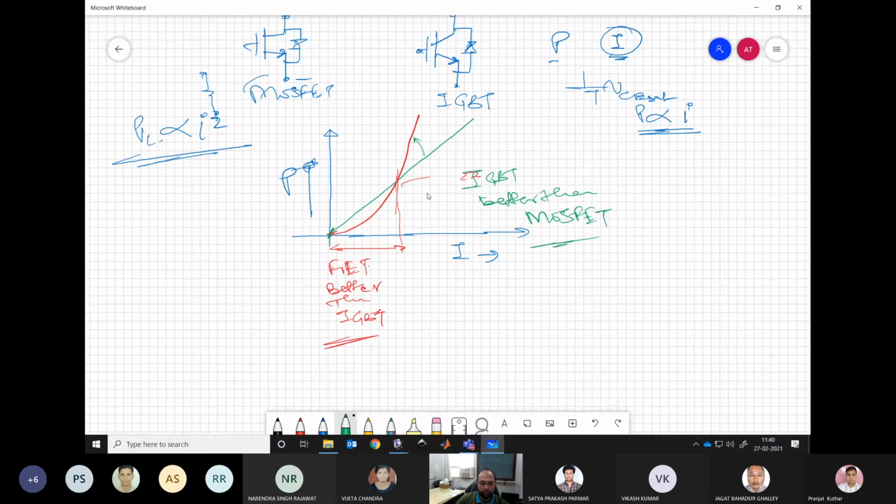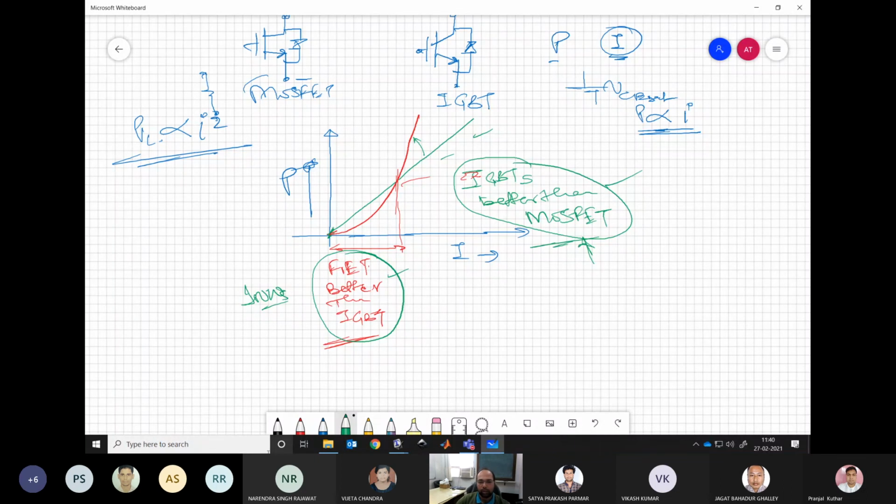Now the power loss in FET overtakes the IGBT. So that is why IGBTs are very much advantageous for high power applications, whereas FETs are very good for low power applications. Now this discrimination is up to the person who is designing the converter, which to call as high power, which to call as low power. So typically few hundreds of watts, that is the FET limit. And if you start going into the kilowatt or few kilowatt region, that is where the IGBT should be used.